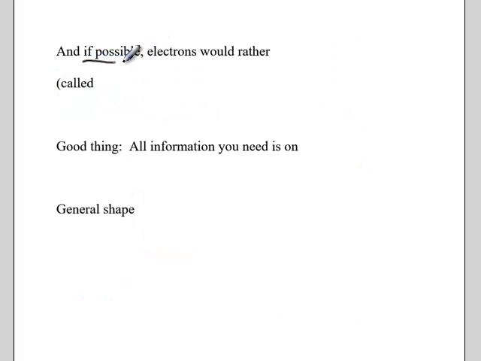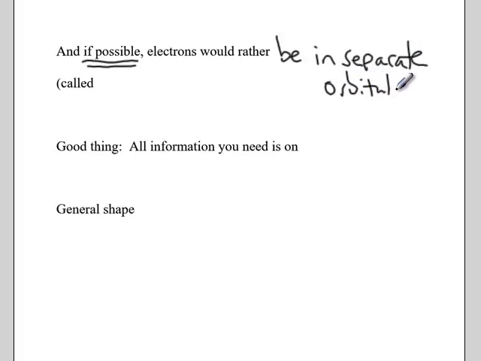Also, it may not always be possible, but if it is, electrons would rather be in separate orbitals. They don't want to have to share an orbital unless there's no other choice, and this is called Hund's Rule.